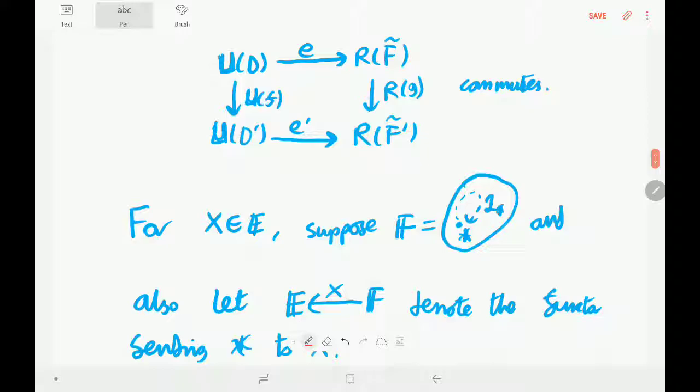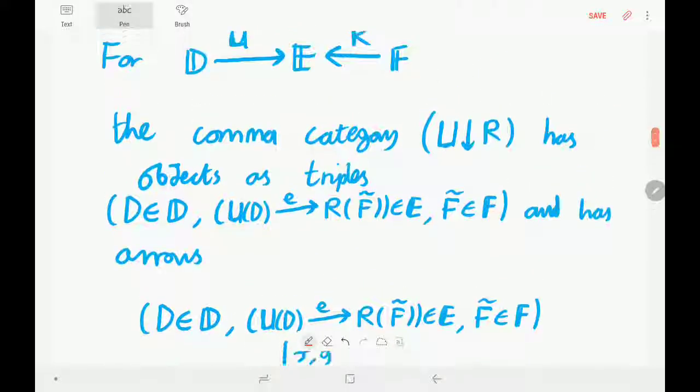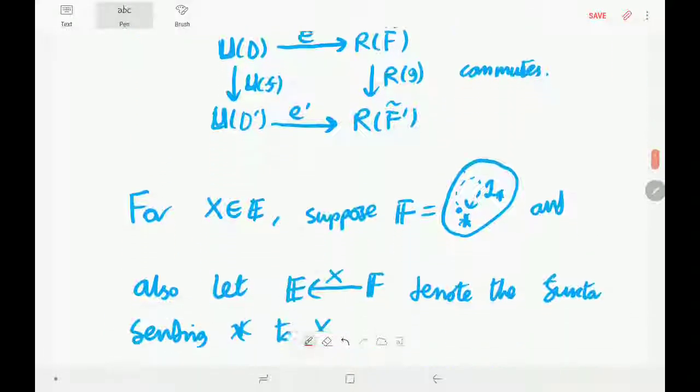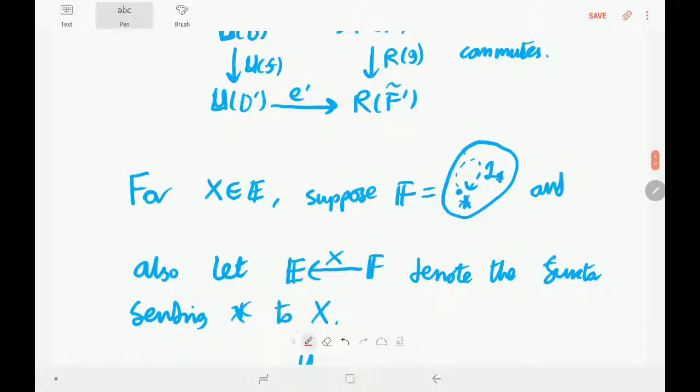So we want to use a certain kind of comma category to describe these terminal morphisms. Let's suppose that X is an object of this central category E here. Now we're going to abuse terminology slightly, and use X to denote a functor. Actually, it's not such an abuse if you think of these as arrows from terminal objects, but I won't say too much about that.